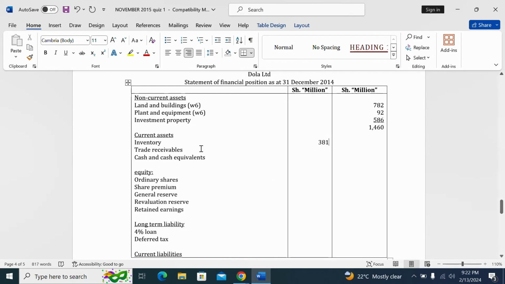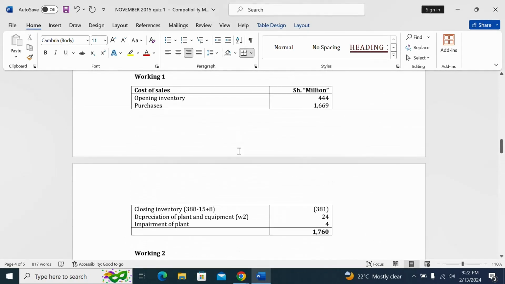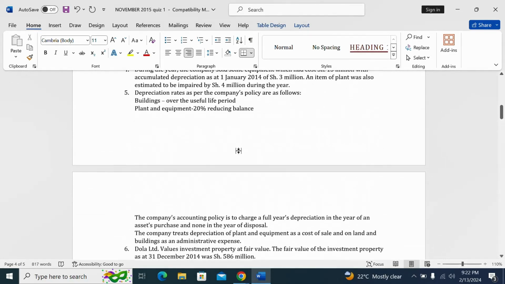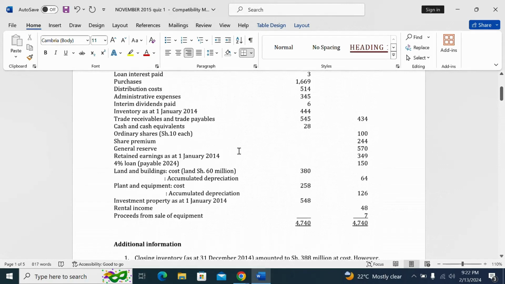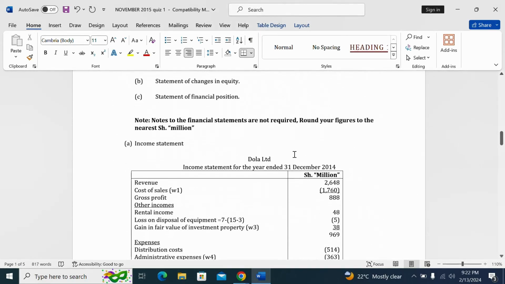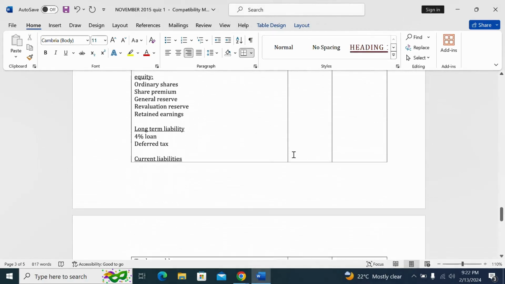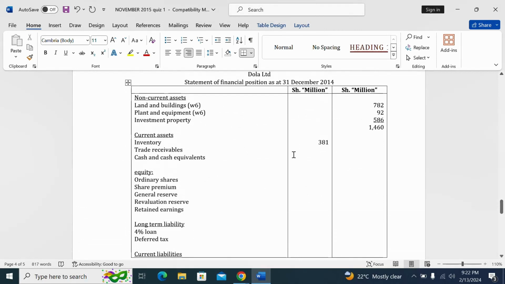Then trade receivables, that one we get from the trial balance. Trade receivables is 545 million.